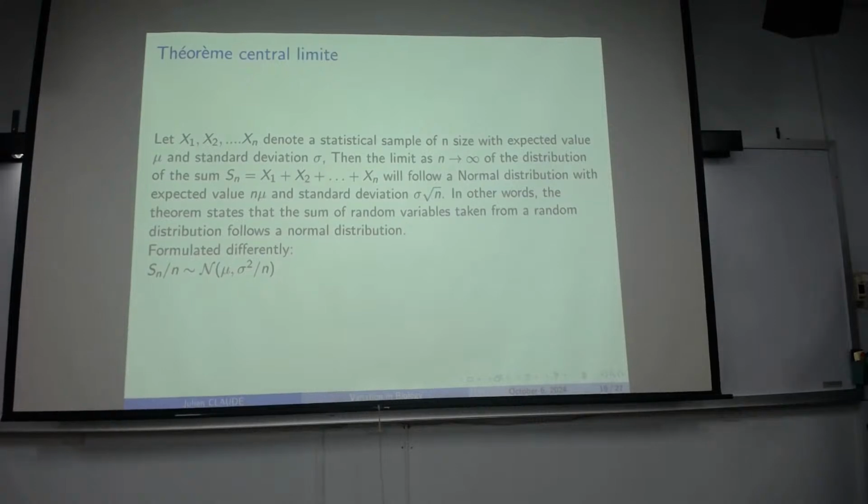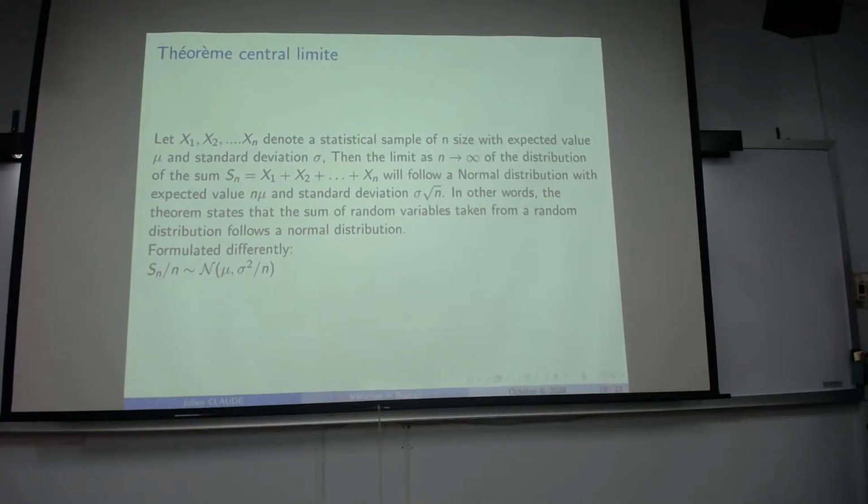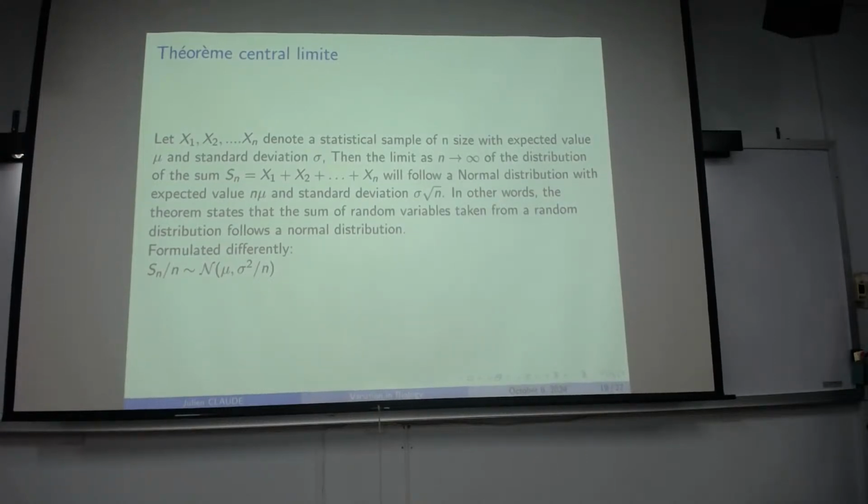So imagine that you have a sample, and that in this sample, you have measurements. So this is a measurement on individual 1, individual 2, individual 3. So you have plenty of individuals, and you will pick up a few individuals. So let's say that I'm going to pick up n individuals in my sample, and I'm going to look at the sum of values of these n individuals.